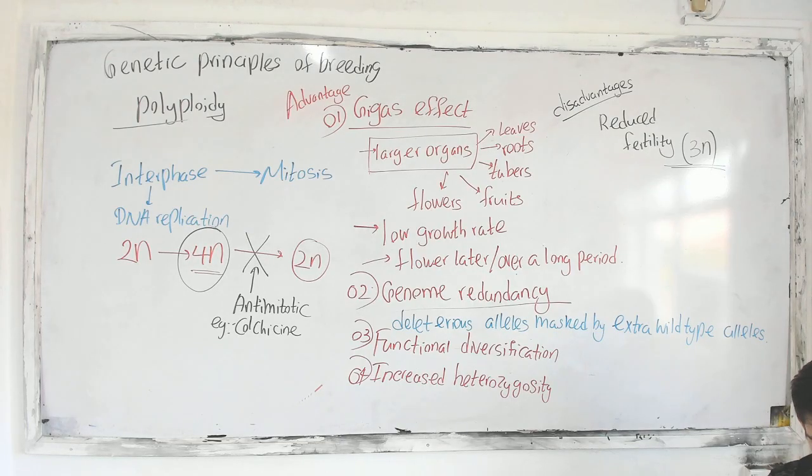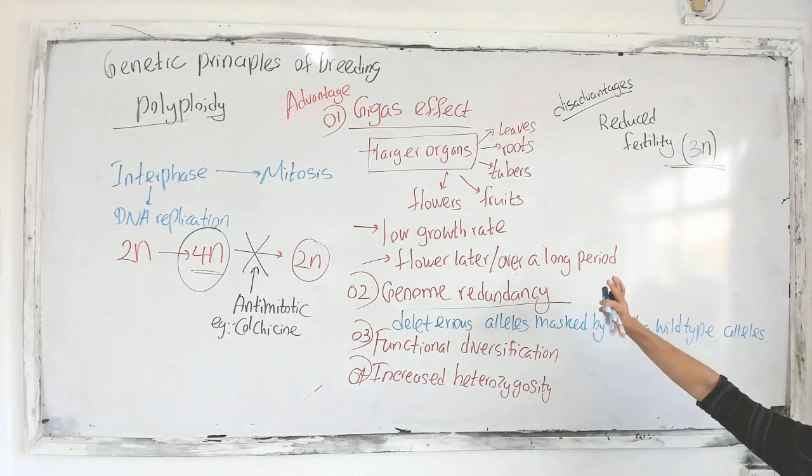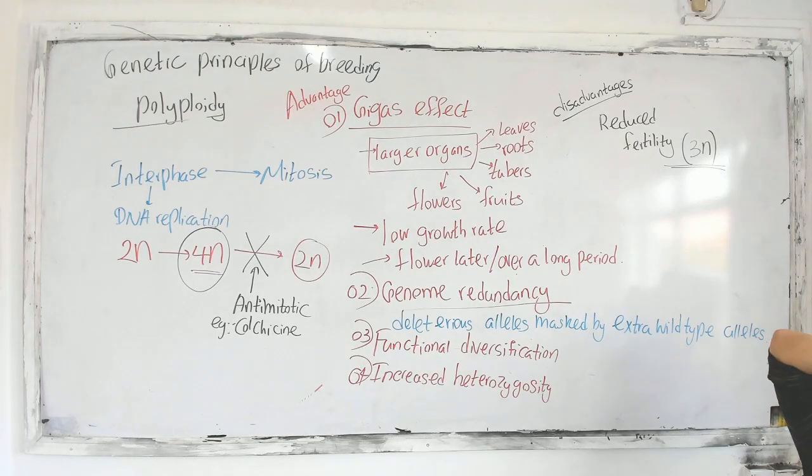Polyploid individuals exhibit larger organs compared to their diploid counterparts. What are the organs? Leaves, roots, tubers, fruits, flowers, all of them can become larger.